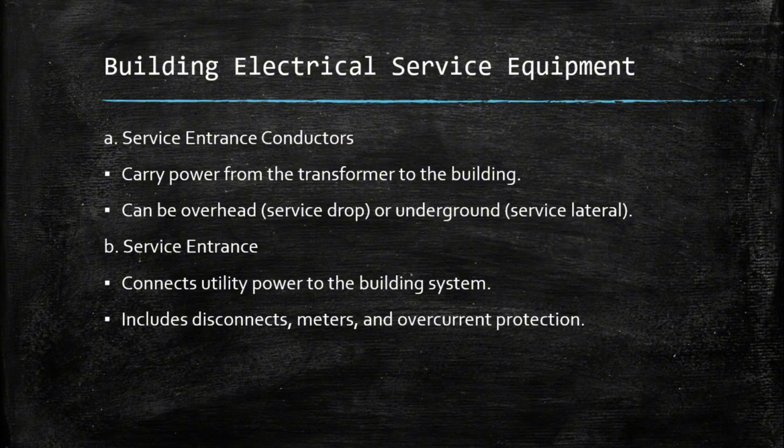They can be either overhead, also known as service drop, or underground, also known as service lateral. Service entrance, on the other hand, is where utility power officially enters the building. It includes disconnects, meters, and overcurrent devices, which ensure safety and control.